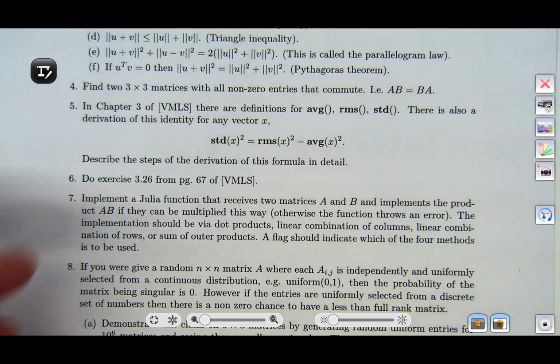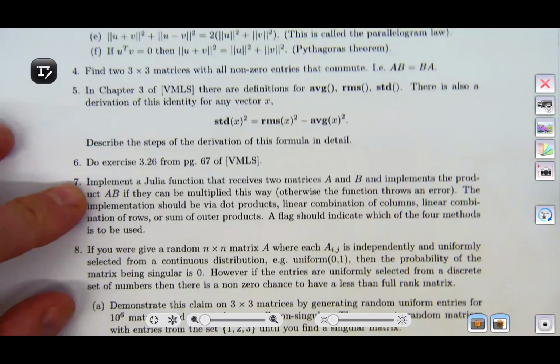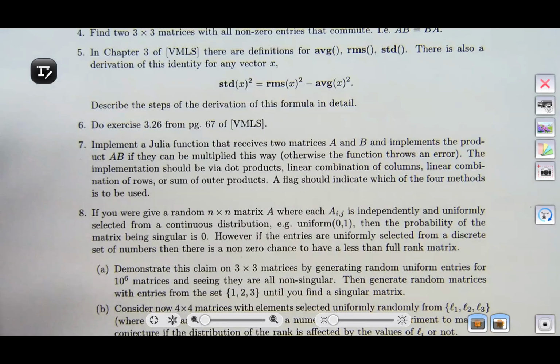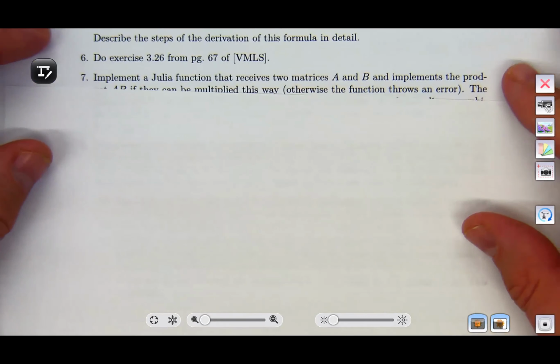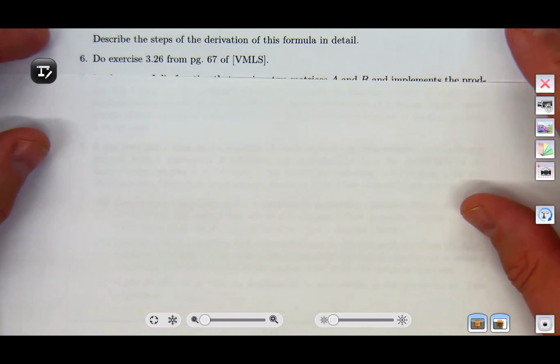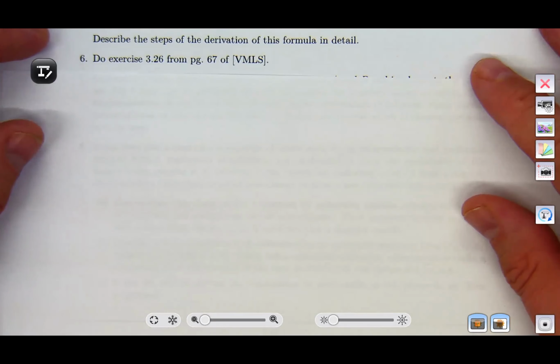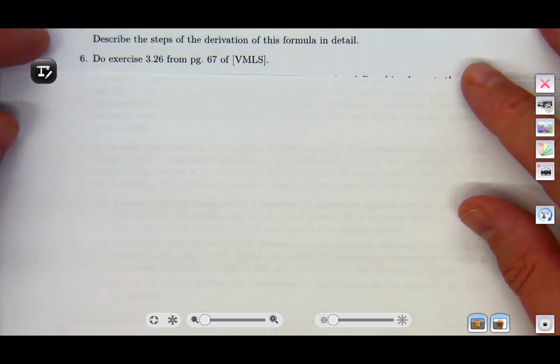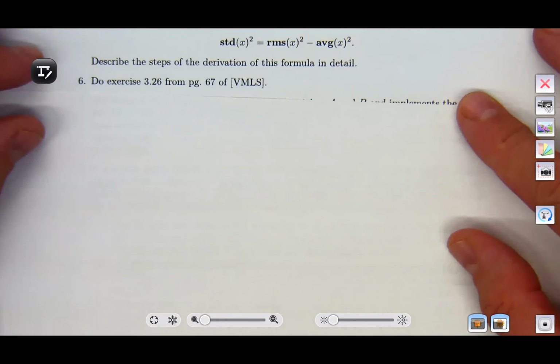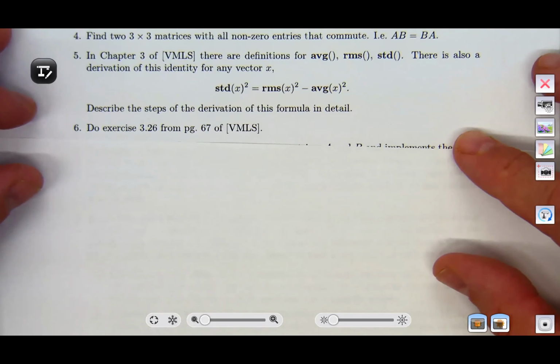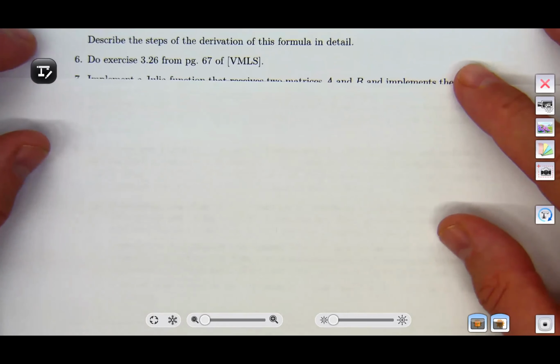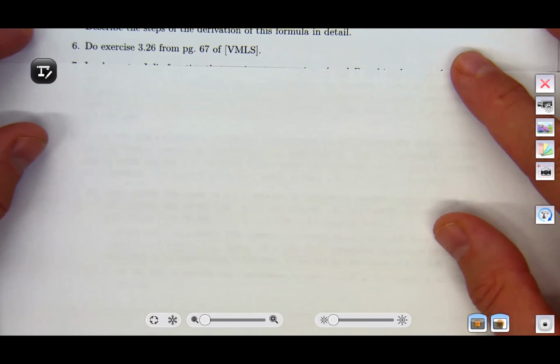So let me find the next problem. So the next one says, I'll cover up everything else. Do exercise 3.26 from page 67 of VMLS. So that's the same book as the one above. Okay, so what is this problem?